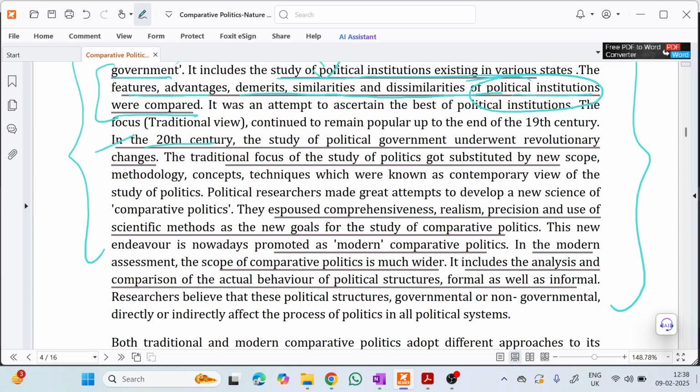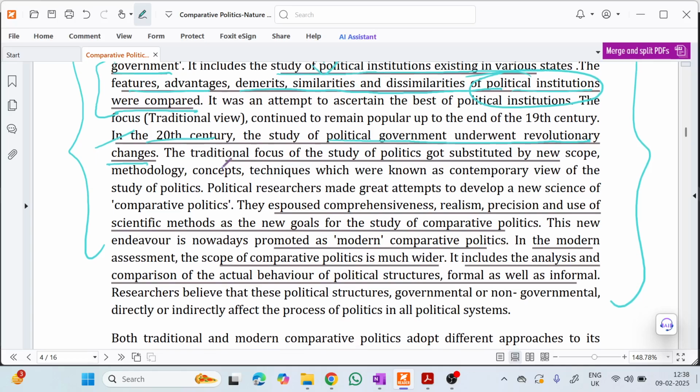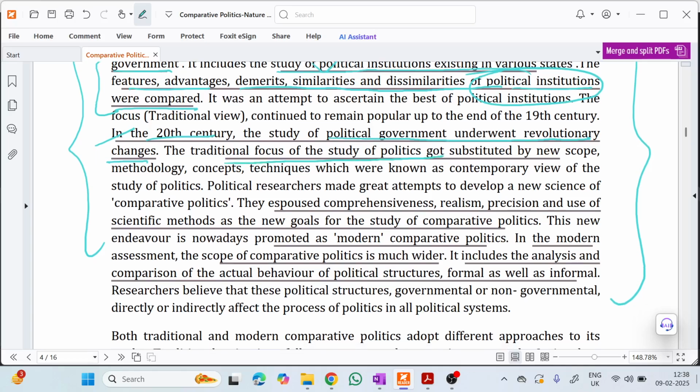Then, in the 20th century, the study of political government underwent revolutionary changes after the Second World War. So the traditional focus of the study of politics got substituted by the new scope, methodology, concepts and techniques which were known as the contemporary review of the study of politics.